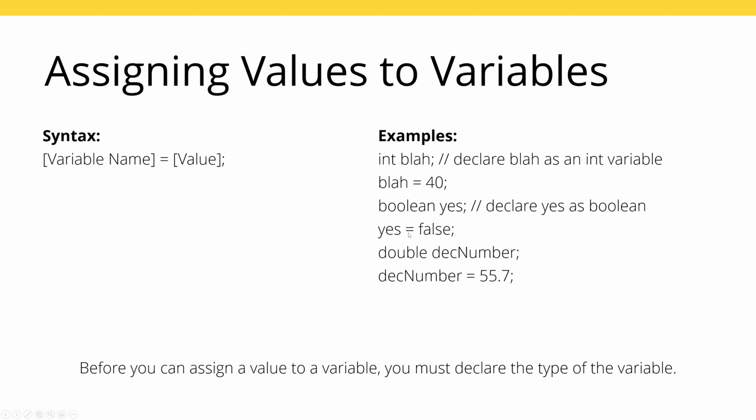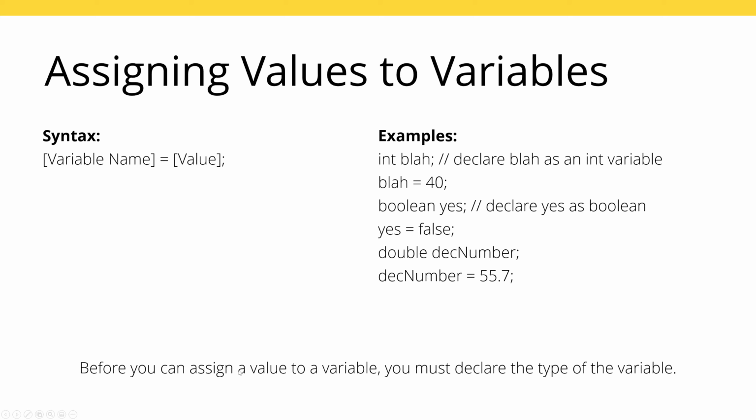That's what the equal sign means. It means assign. And for our last example, we declare decNumber, that's the variable name, as a double type. So the variable type, variable name. And once we've declared the variable, we can now assign a value to it. So we are going to assign the value of 55.7 to decNumber.